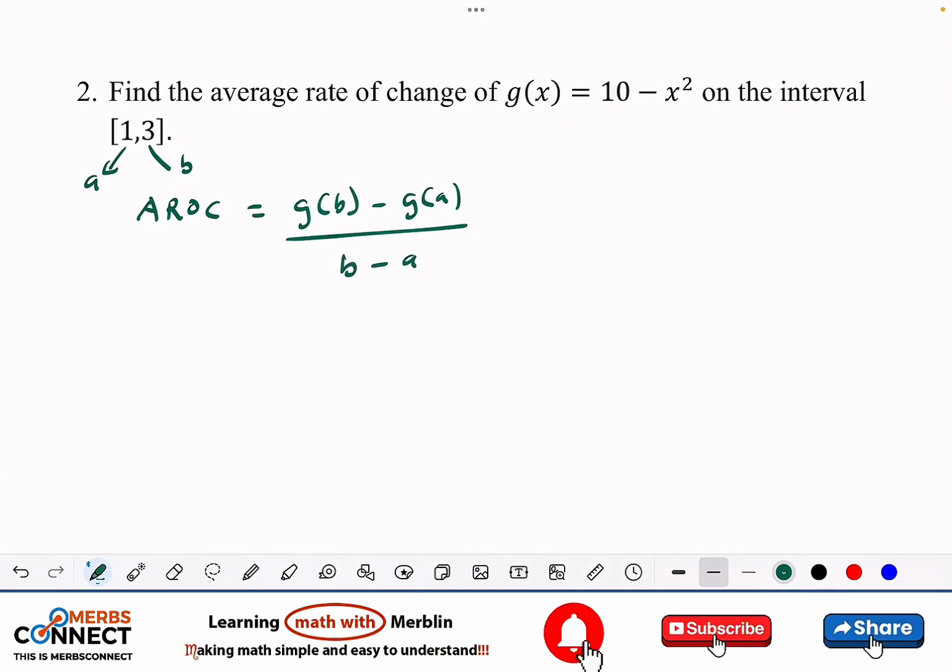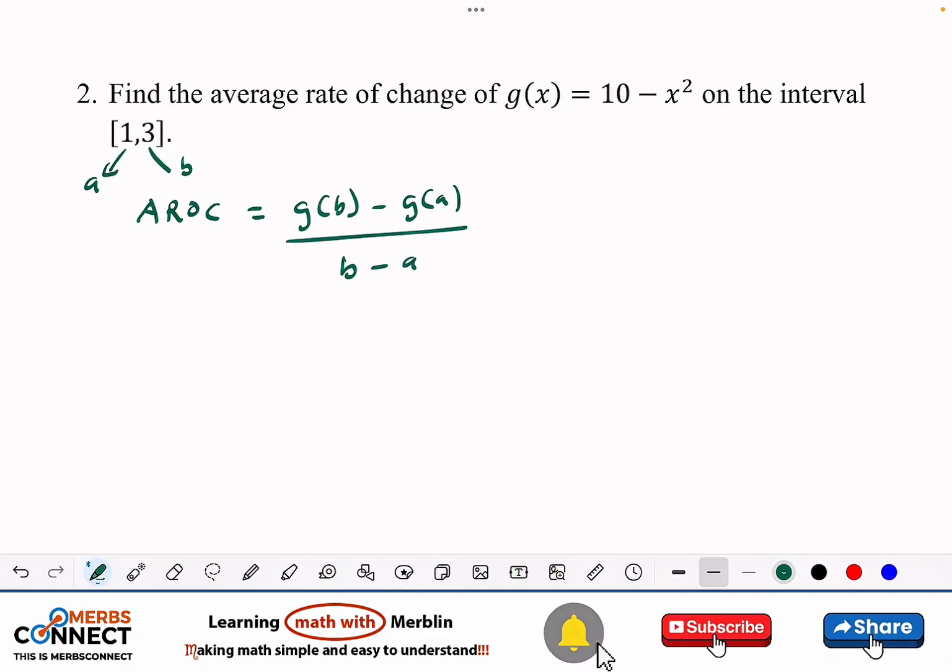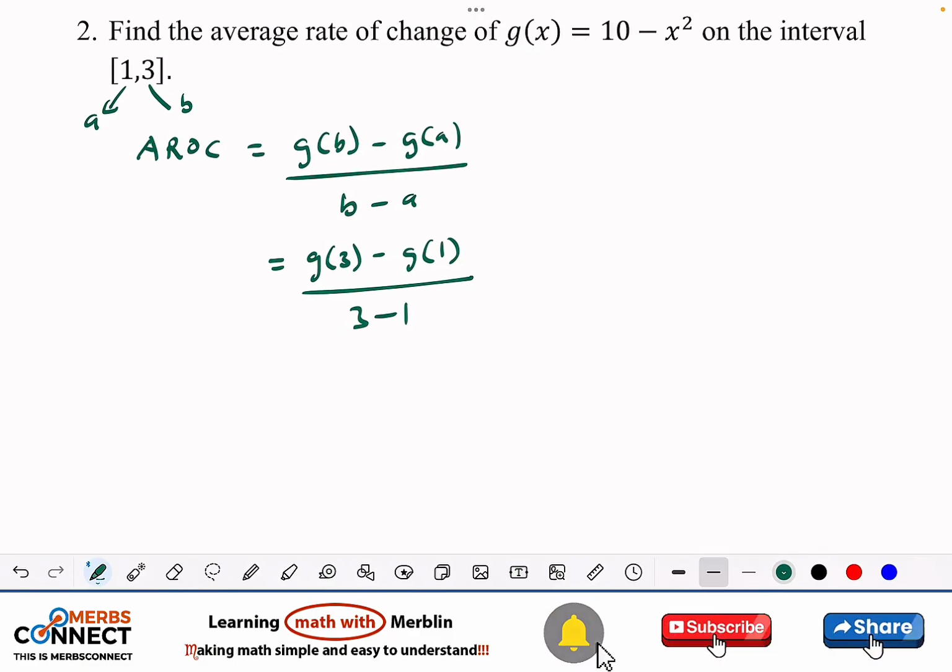Let's try and figure them out, right? So since I know b and I know a, this is going to be gen of 3 minus gen of 1 divided by 3 minus 1. I can decide to go and figure out gen of 3 and then gen of 1, then I'll come and do substitution. So let's do that somewhere here. What is gen of 3?